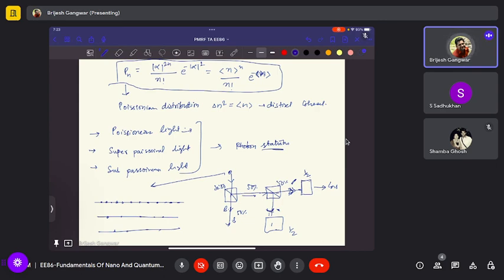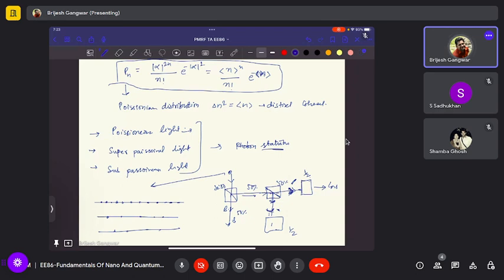For that, photon statistics is very crucial, because in quantum mechanics we are talking about a single photon, right? If a single photon comes onto this beam splitter, it will go either on this side or this side. But in classical light, at a single time there will be many photons emitted.